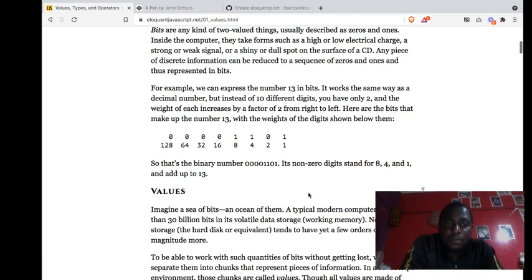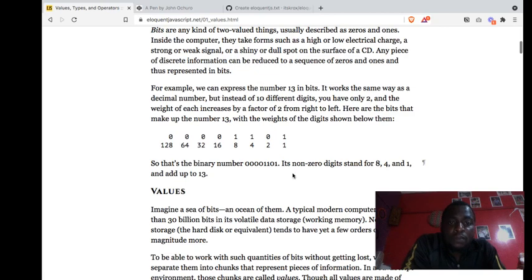Here are bits that make up the number 13 and the weight of the digits below them. So the weight increased by a factor of 2. Okay, fine. So if this is 1, this becomes 2, and then 4, 8, 16, 32, 64, and 128.